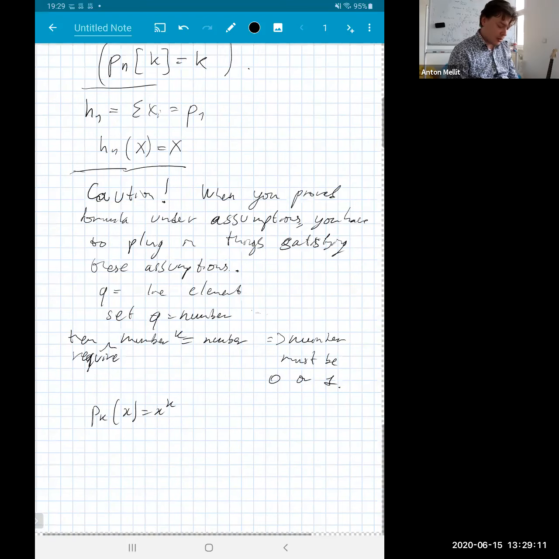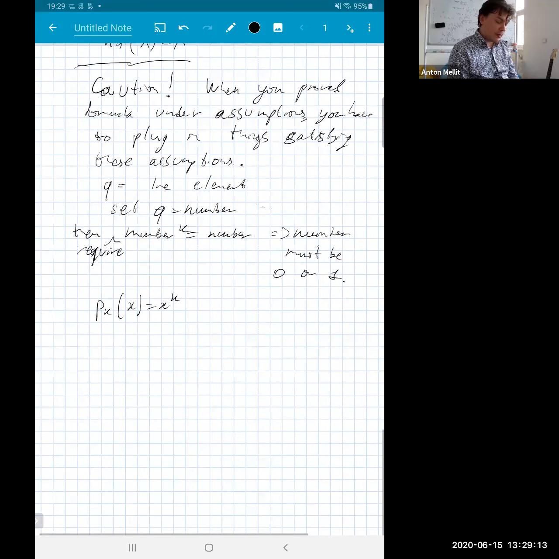Sorry. Suppose I have some identity which involves x, and that x was supposed to be a line element. So it means pk of x equals x to the k. Then if I have some other element in some other lambda ring, which also satisfies pk of x equals x to the k, then I can plug it in.